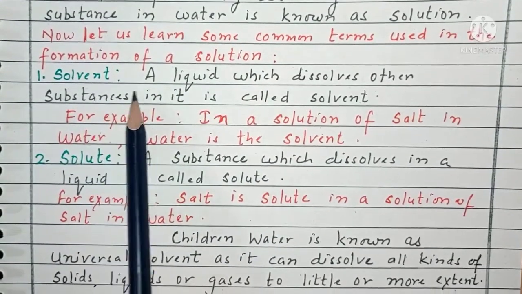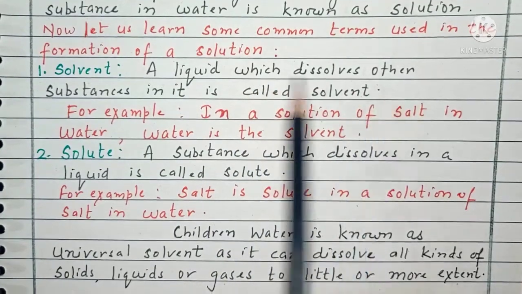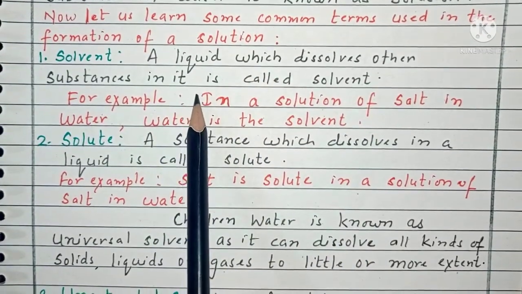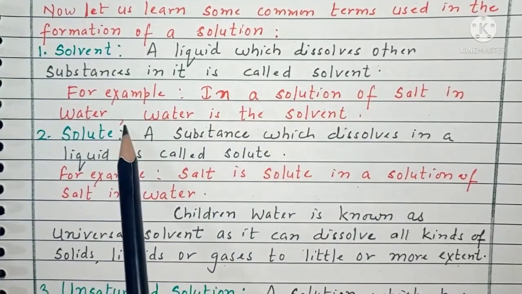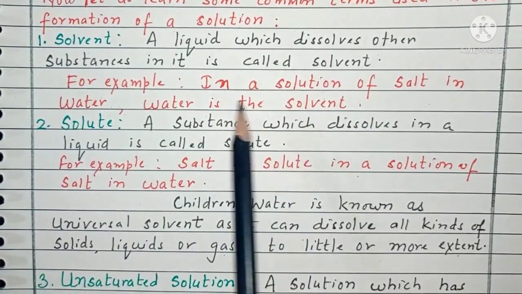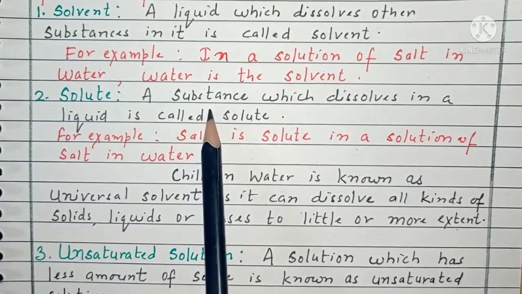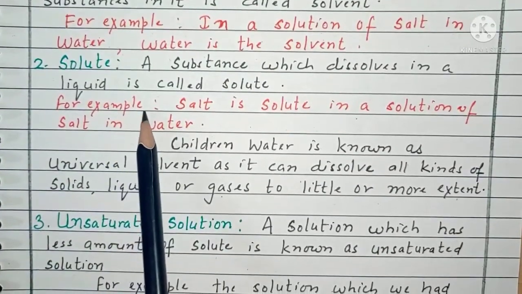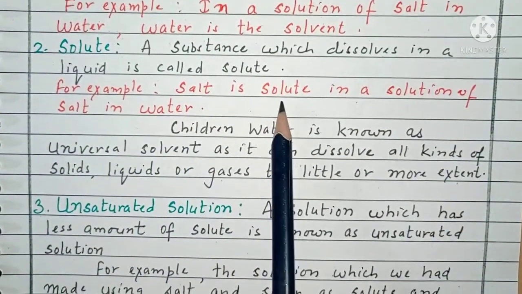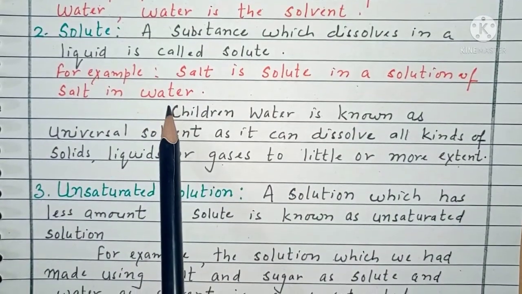solvent. Solvent is a liquid which dissolves other substances in it. For example, in a solution of salt in water, the solvent is water. Solute is a substance which dissolves in a liquid, as salt is solute in a solution of salt in water.